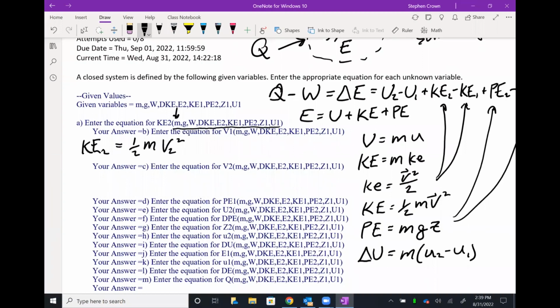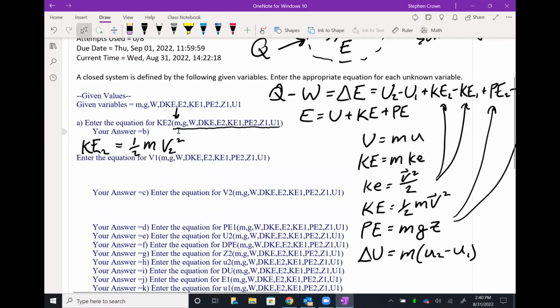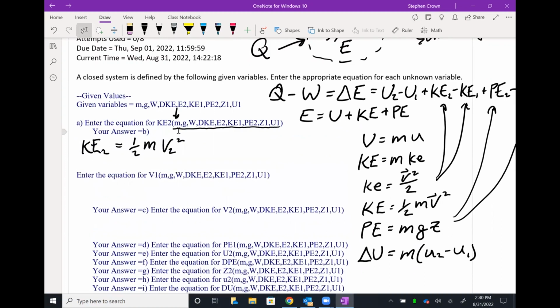Let's see, enter the equation for ke2. It's a little confusing here since I have the second question right after it. So let me just try to insert that there. Okay, it's a little confusing. That is currently B. Not sure what happened to your answer for A, but let me just put this down here.